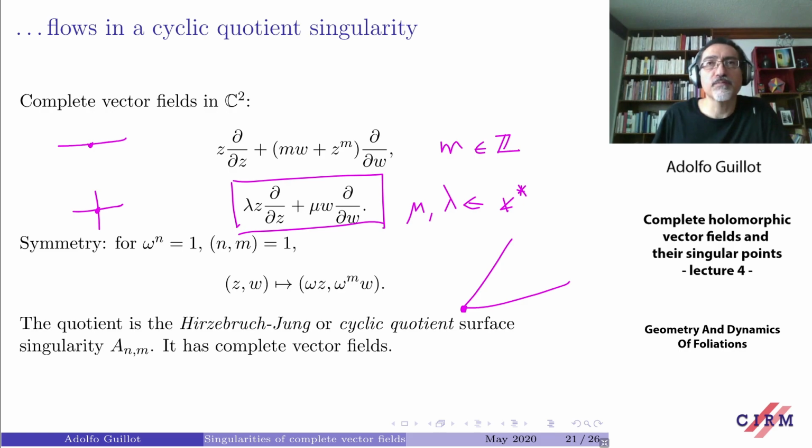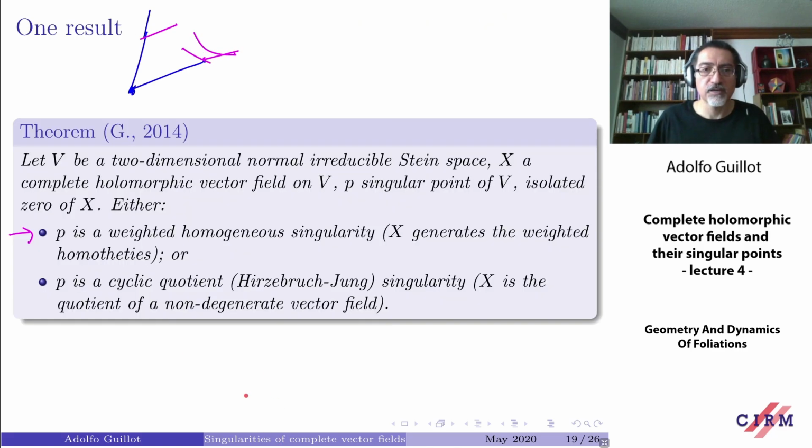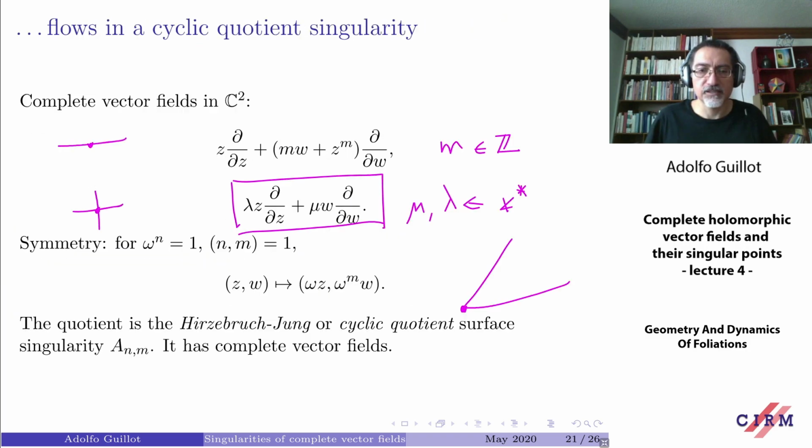All the other points will be smooth points, and the surface you get is an affine algebraic surface. It can be properly embedded in C2. In particular, it is a Stein surface. So this gives me examples of the second situation in my statement. Cyclic quotient, or Hirzebruch-Jung singularity. This is an example of this one.